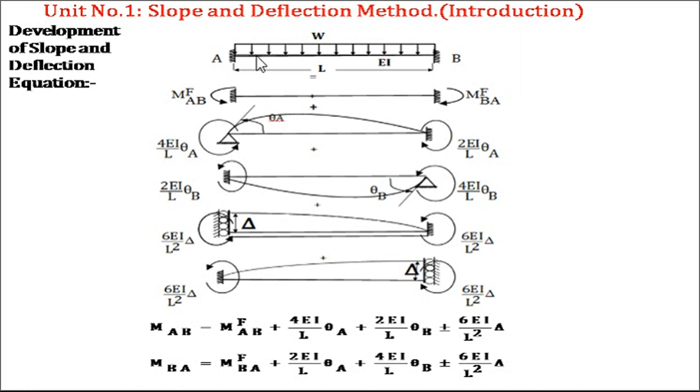Figure number 1 shows a prismatic member AB connected to rigid joints at A and B. The length of the beam is L and its flexural rigidity is denoted by EI. Consider the beam AB as a fixed beam subjected to a given loading.